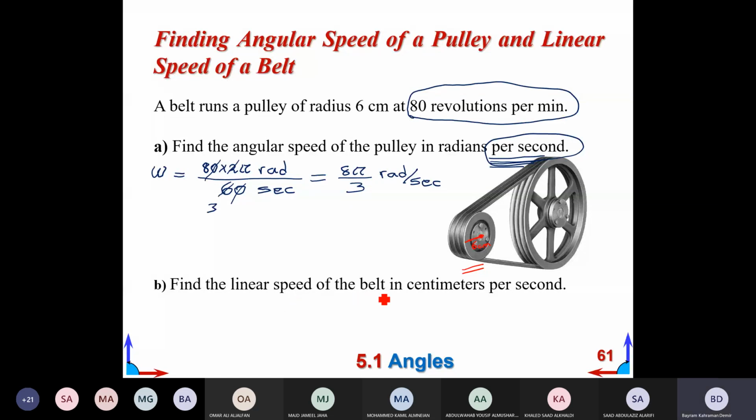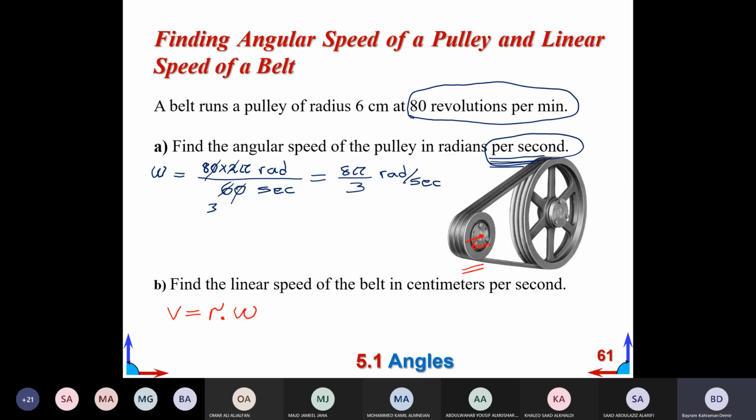Find the linear speed of the belt in centimeters per second. Of course, linear speed is equal to the radius of the pulley multiplied by the omega of the pulley shaft. It will give you the linear speed.